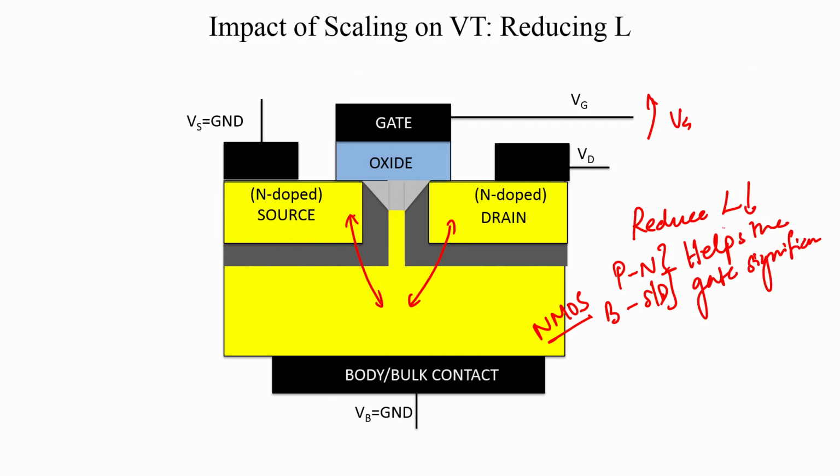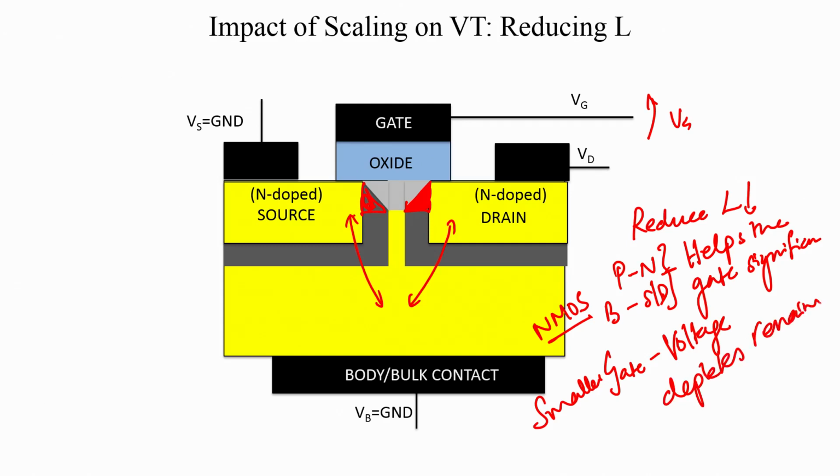It performs half of the workload, it helps the gate deplete a lot of the semiconductor, and therefore a smaller gate voltage depletes the remainder portion of the semiconductor and takes the semiconductor to threshold, and threshold voltage is reached faster.